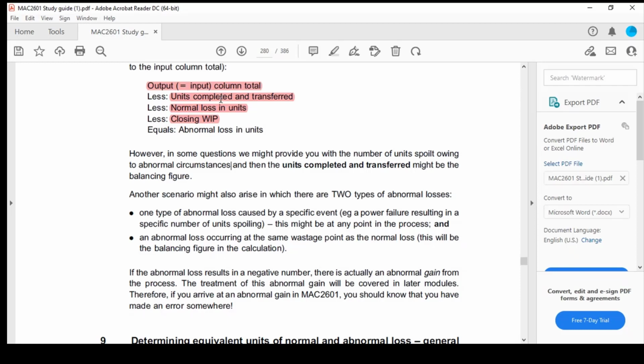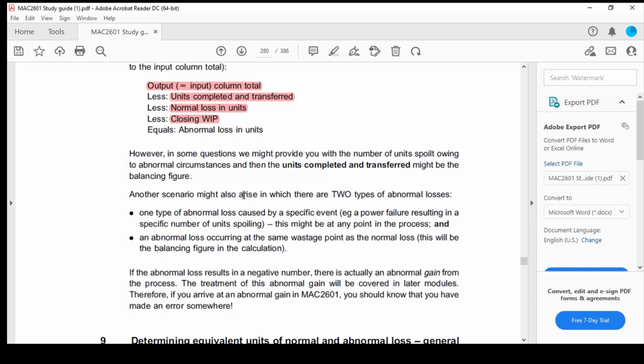So either they will give you the units transferred and completed, or they might give you the abnormal loss. This is how you determine it, but you must look at what you are provided with in the question. Then you will know which one would be your balancing figure. Either it's your units completed or transferred, or it's your abnormal loss.